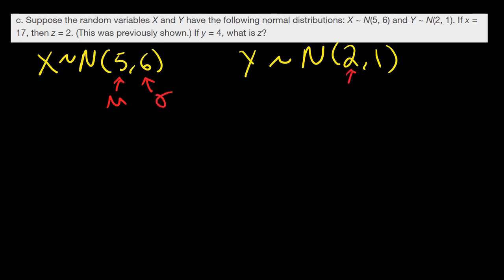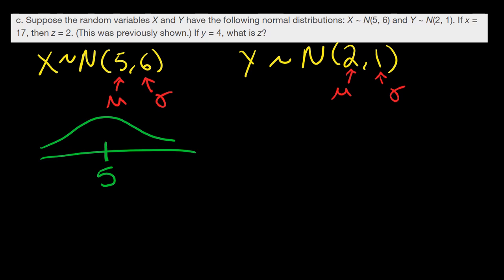So y has a different mean, mu, and a different standard deviation. If I draw these distributions, here's the distribution of x, centered on 5, versus the distribution of y, which is slightly narrower because the standard deviation is 1, but still a normal bell curve, centered on 2.